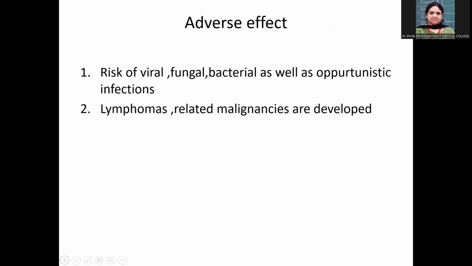Now, the adverse effects which can be there for any immunosuppressant are the risk of opportunistic infection, that is risk of viral, fungal, bacterial infections, and also lymphomas and related malignancies can develop with the long-term use of immunosuppressants.